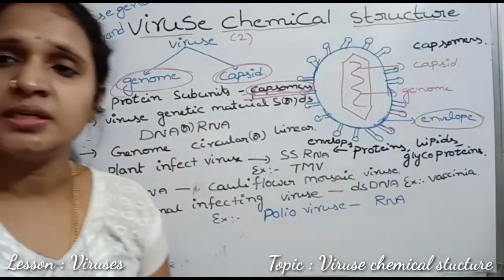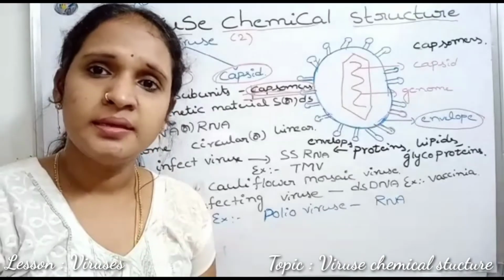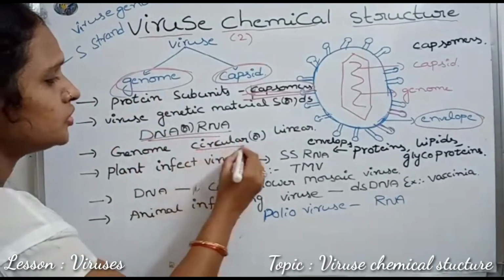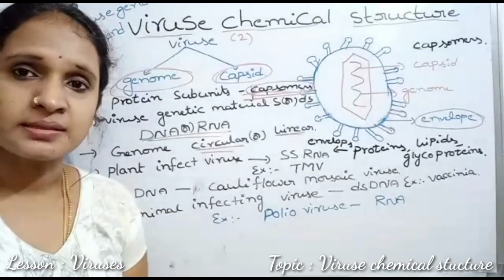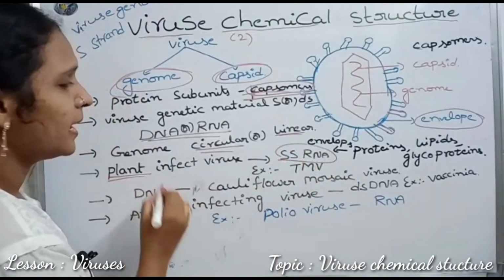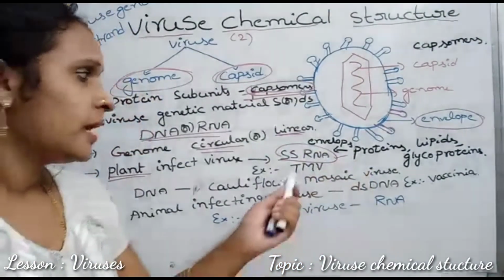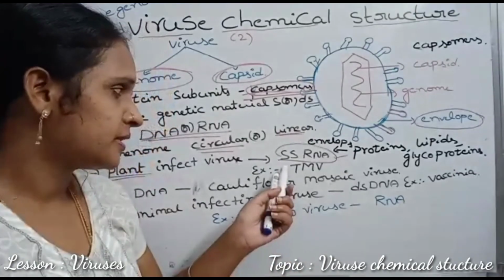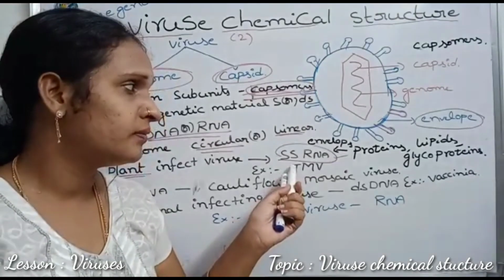Generally, virus genetic information is single stranded or double stranded, either DNA or RNA. This genome is either circular or linear. Plant infecting virus genome is single stranded RNA, example TMV, tobacco mosaic virus, the first discovered virus and first RNA virus.